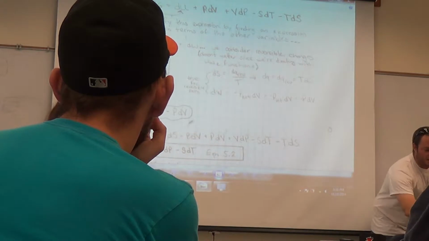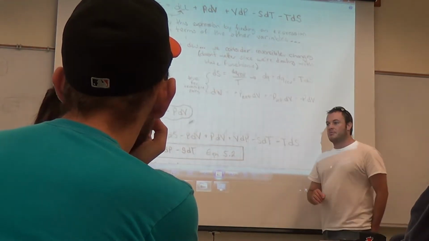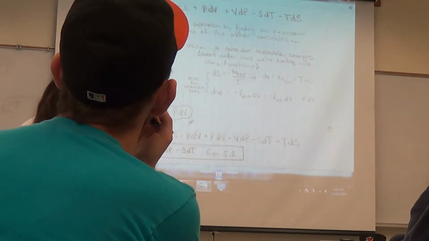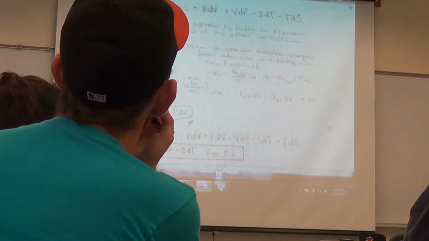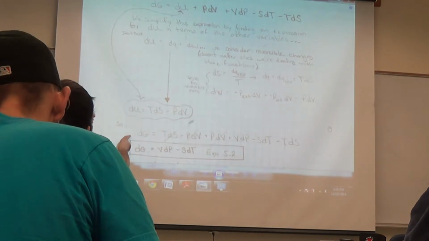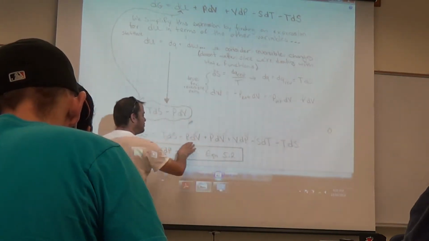And so that gives us a term that we can substitute for the du, right? If du is dq plus dw, and dq is TdS, and dw is negative PdV, then du is TdS minus PdV. So we can just substitute this TdS minus PdV term in for du, and now we have this big long expression here.